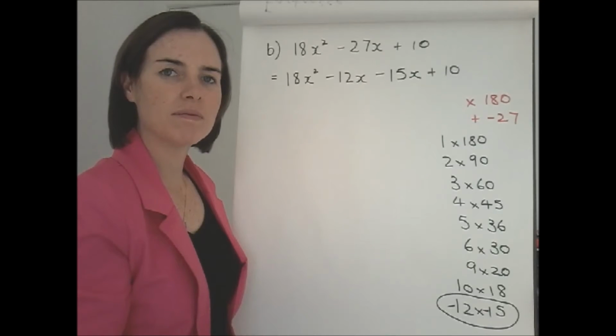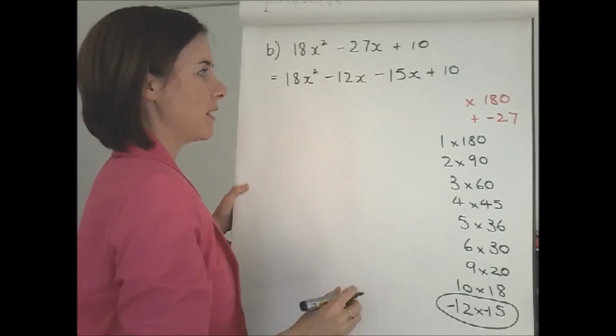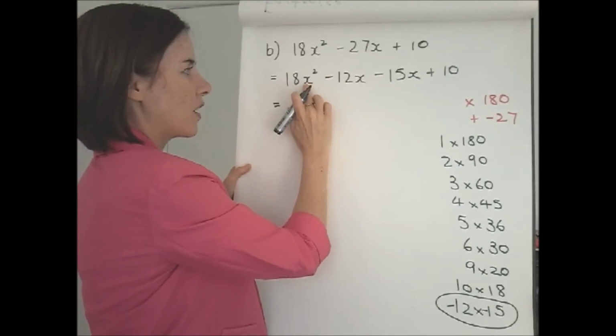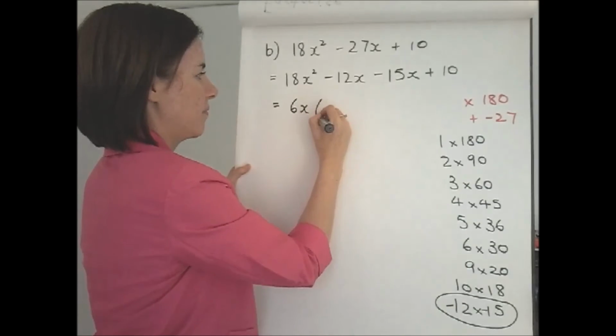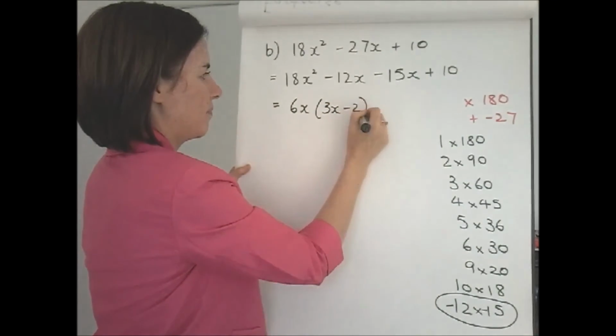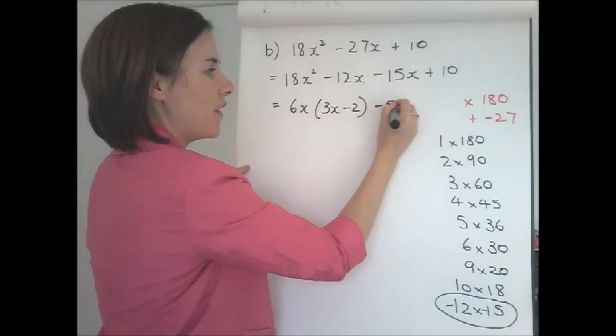Put an x on, and now we've got 4 terms, so we group in pairs. Look at the first 2 terms. Common factor is 6x. Look at the second 2 terms. Common factor is negative 5.